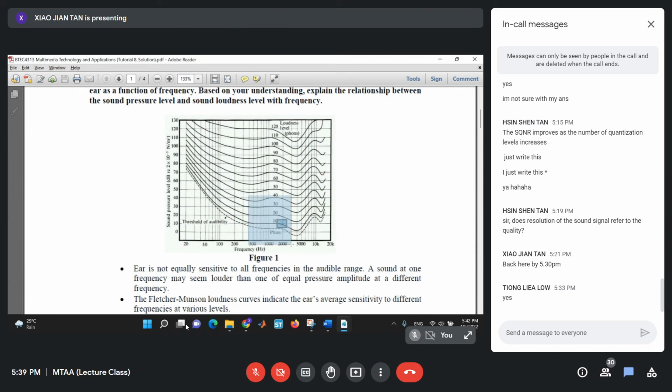This graph is sort of a heuristic graph, which is based on analysis from a big group of people. So your very own auditory system may or may not obey this. But mainly the trend is there.